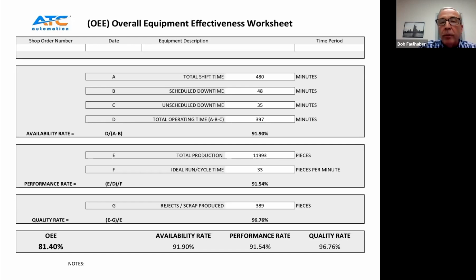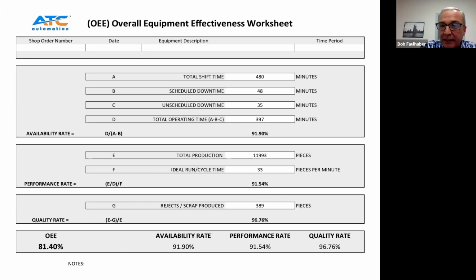Now we have to perform the availability calculation. The first thing we do is take the total operating time, which is the actual operating time for the machine, and we divide that by the total shift time, but we deduct the scheduled downtime.